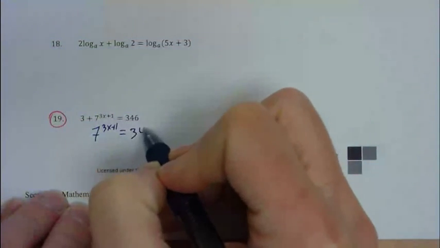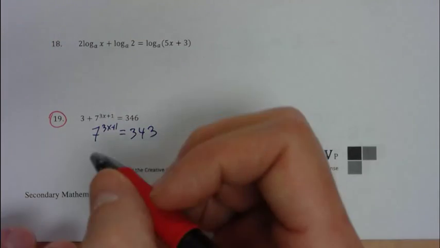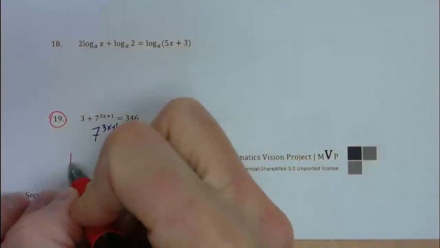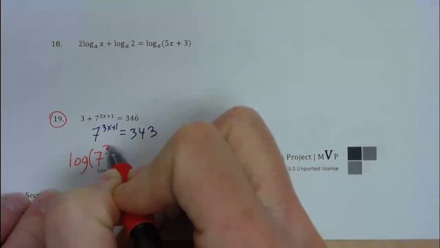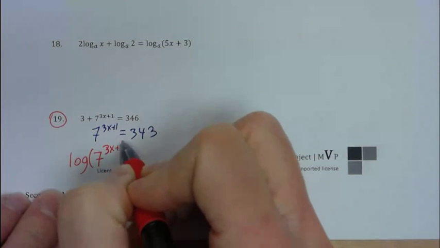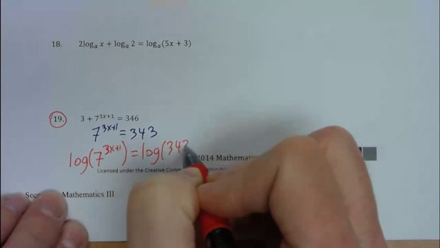So I have 343. So we're going to do this basically 2 ways. So the first way, we're going to do logarithms on both sides. So I would have the log of 7 to the 3x plus 1 equal to the log of 343.